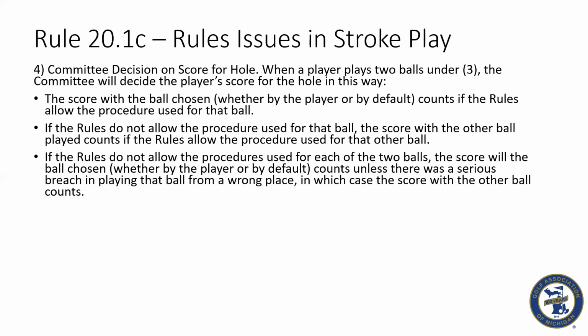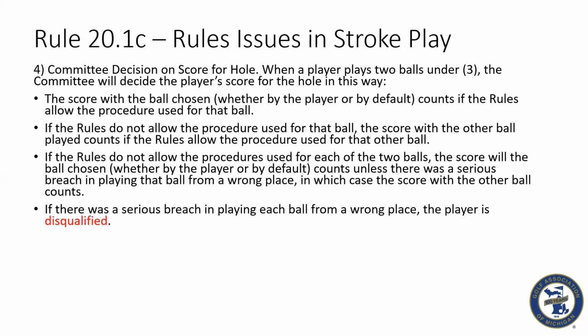And if both balls are not played by the rules, then the one that counts will be the ball chosen by the player or the default, unless with that ball there was a serious breach. If that's the case, then we'll choose the other ball, even though it wasn't technically by the rules.